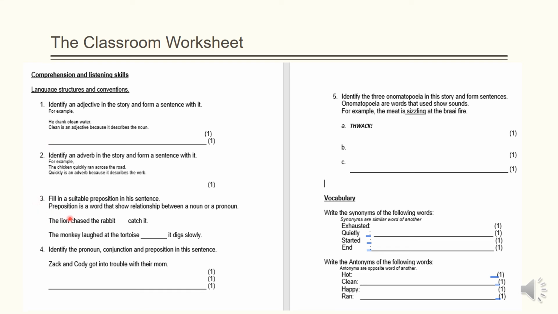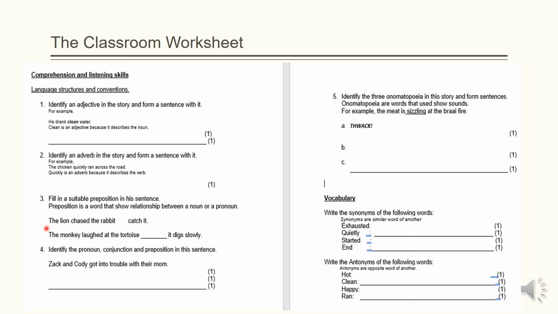As you can see, there are a lot of parts of speech present in the story. And okay, fill in a suitable preposition in the sentence. This is the sentence. And now you give the child a definition of what a preposition is. A preposition is a word that shows a relationship between a noun or a pronoun.